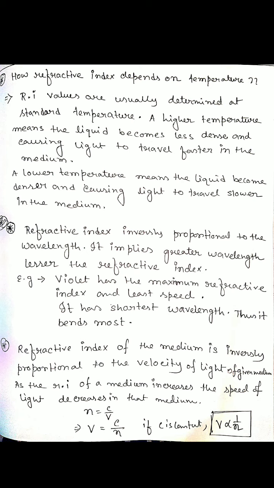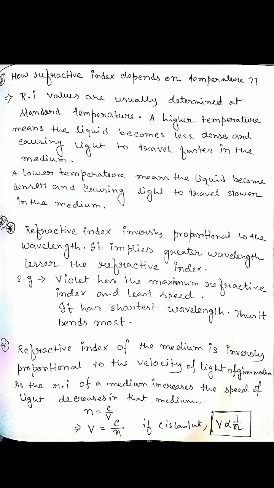So violet has a maximum refractive index and least speed. It has the shortest wavelength, that's why it bends most. But red light has a longer wavelength compared to violet, so it bends less. Its speed is more and its refractive index is less.